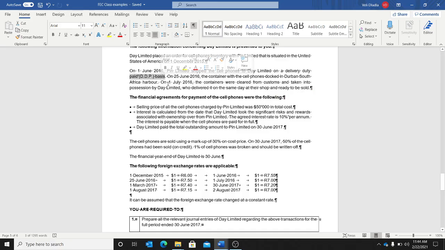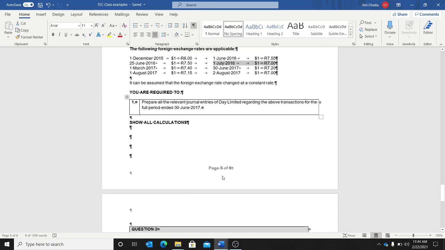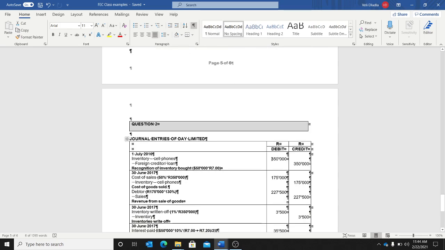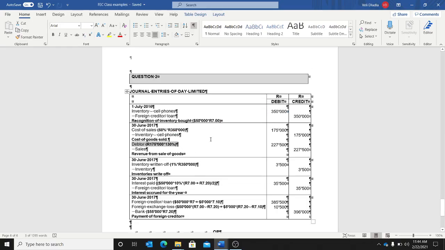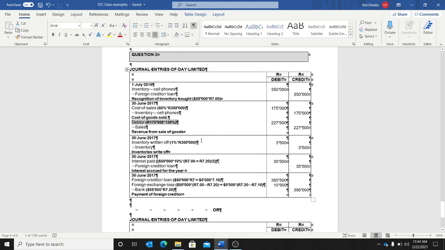It's 1 July, because the clearance is there. Here's 7 rand. Now 50 times 7, here we go. The cost is, you sold 50% of that at a markup of 130. Right, you need to write off 1% of that.